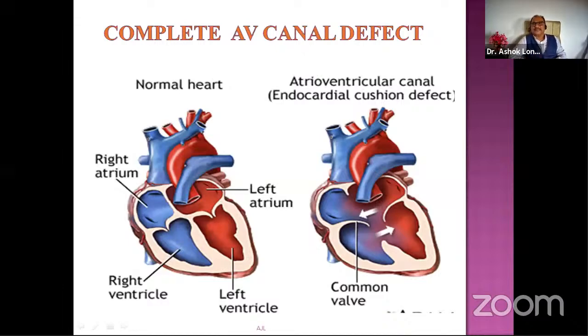Now, this is a complete atrioventricular canal defect. The problem is not only between the atria. It is related to the whole septum, which separates the right and the left sides of the structure.